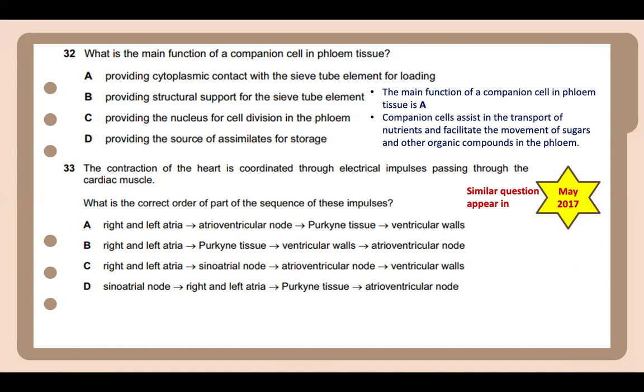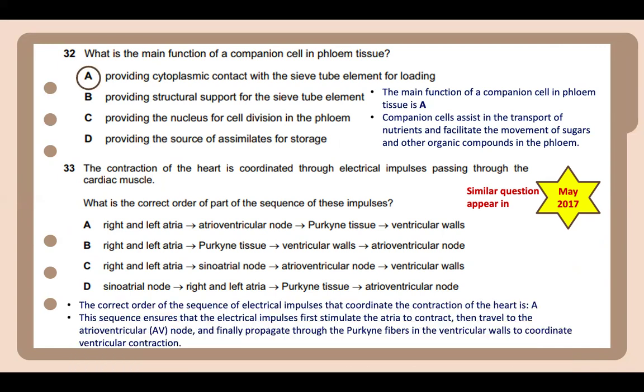The contraction of the heart is coordinated through electrical impulses passing through the cardiac muscles. What is the correct order of part of the sequence of the impulses? This is also a similar question that appeared in May 2017. The correct order is right and left atria to atrioventricular node, and then Purkinje tissue and ventricular walls.